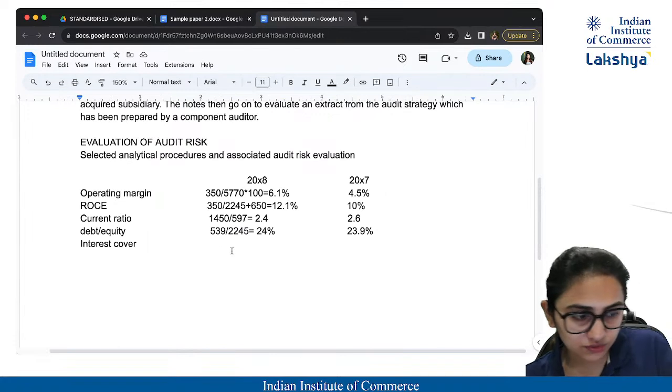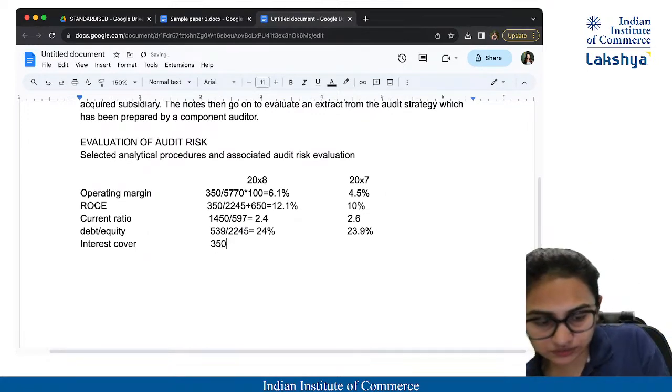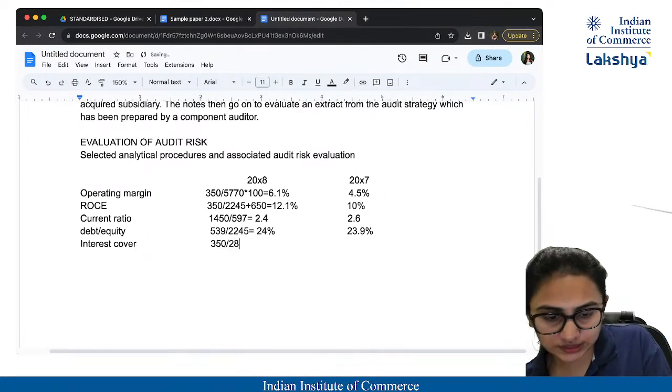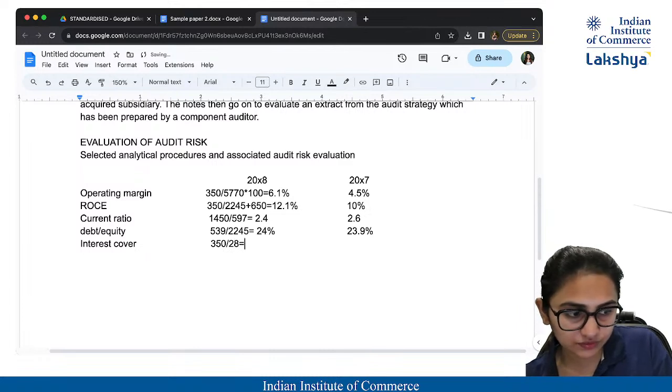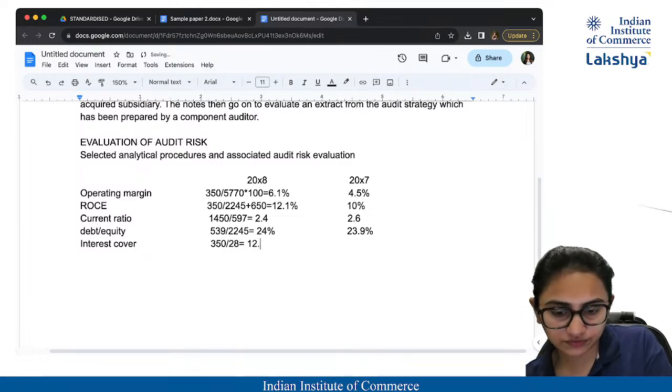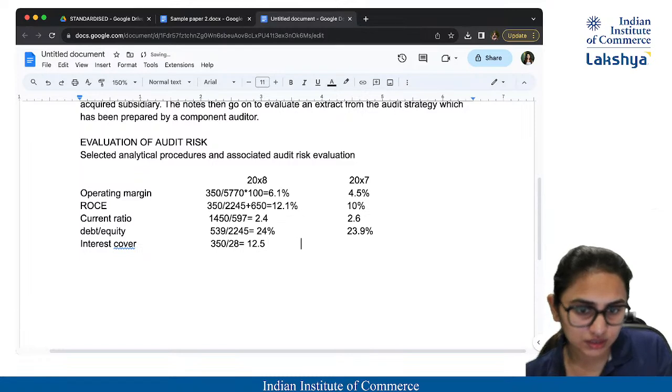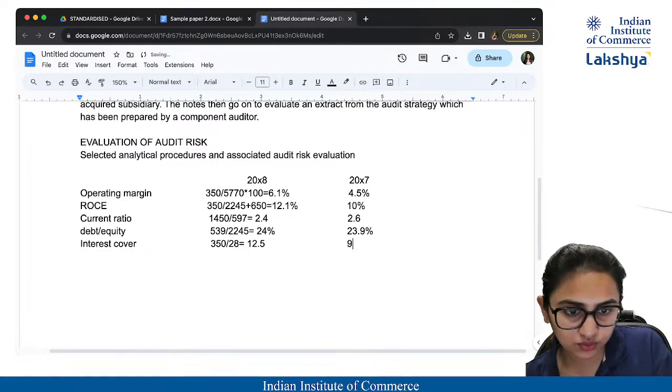So interest cover is 350 divided by 28. That is going to give you 12.5, and this is 270 divided by 30, that is going to give you 9.